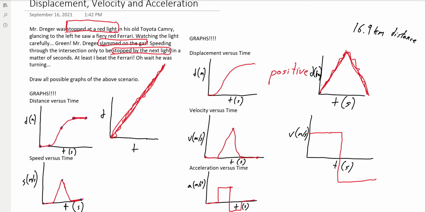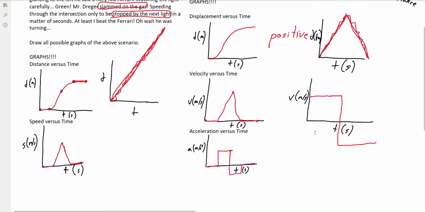Okay, and last but not least, we have our acceleration. So an acceleration graph would look, well, kind of like ours did before. Where we have, well, if it's a straight line, actually it'll be a 0.